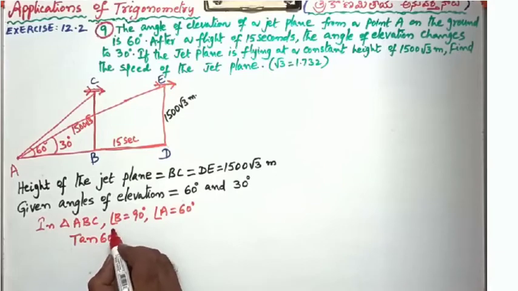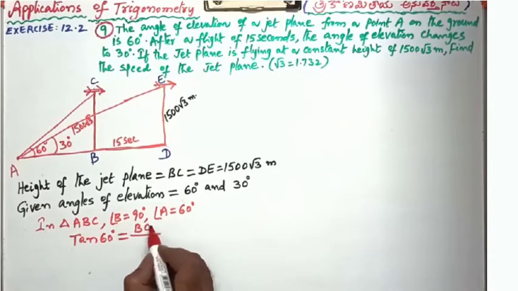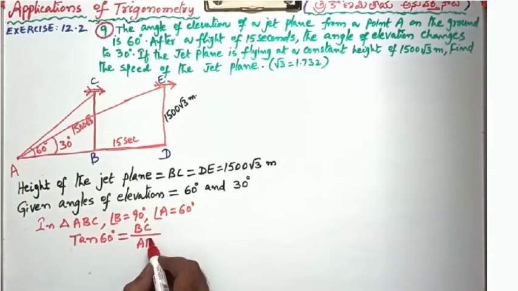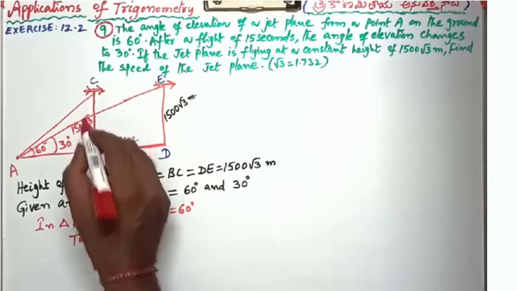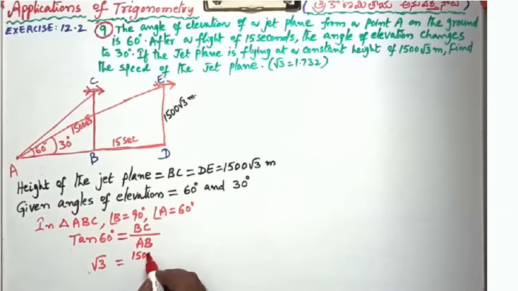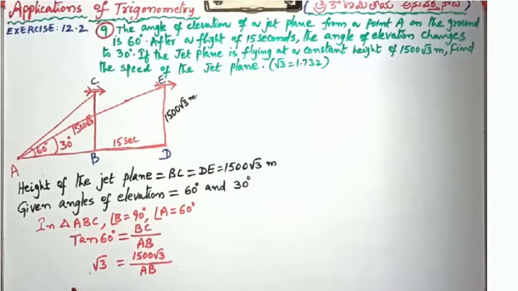Tan 60 degrees is equal to opposite side BC by adjacent side AB. The value of tan 60 is root 3, that equals BC, where BC is 1500 root 3, by AB. We don't know AB, so write AB. Now root 3 cancels, and therefore AB is equal to 1500 meters. Okay, now this is 1.